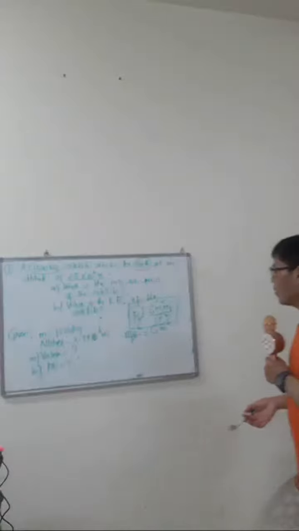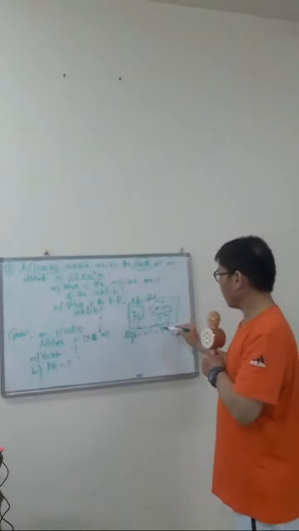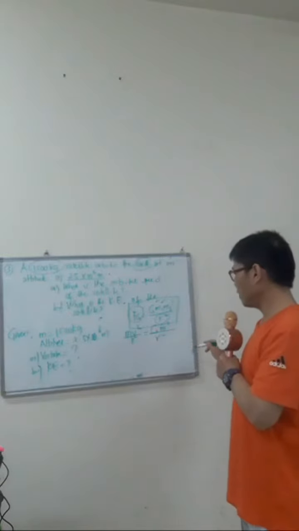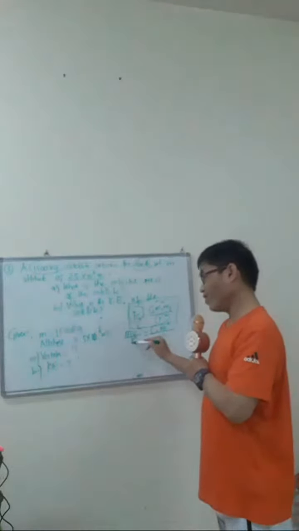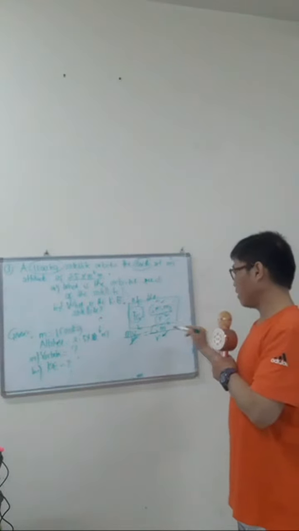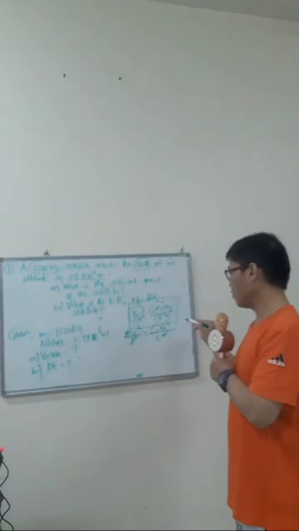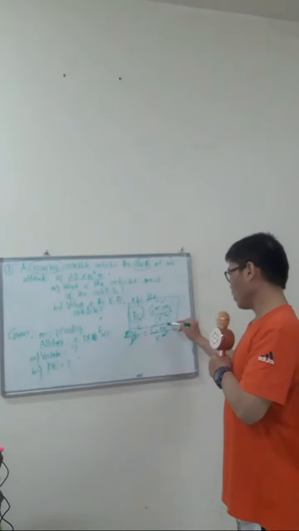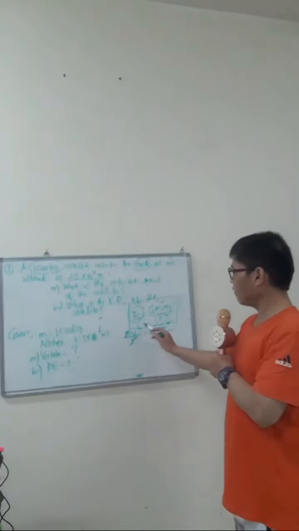Simplify: cancel the radius on the left, leaving radius on the right, and cancel the mass on the left against one mass on the right.